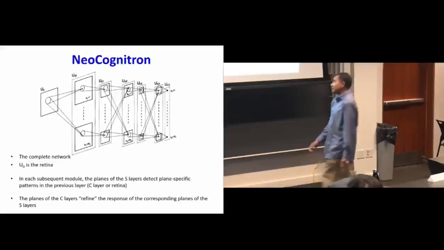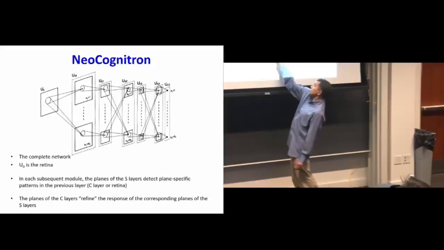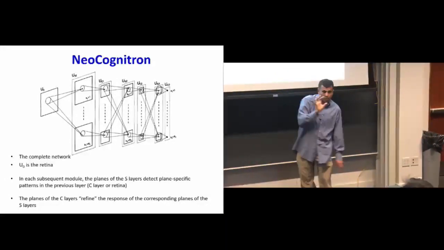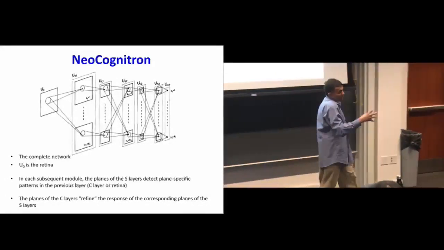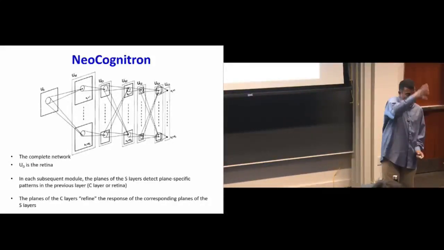Then when you go to the next layer, you have all of these S cells, and each of these S cells is not looking at merely just one corresponding layer, a C plane. It's actually looking at the entire combination of them.